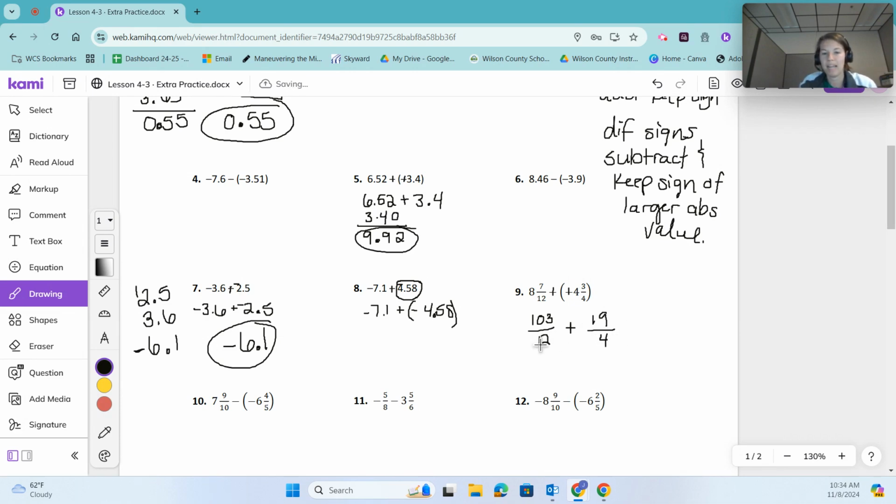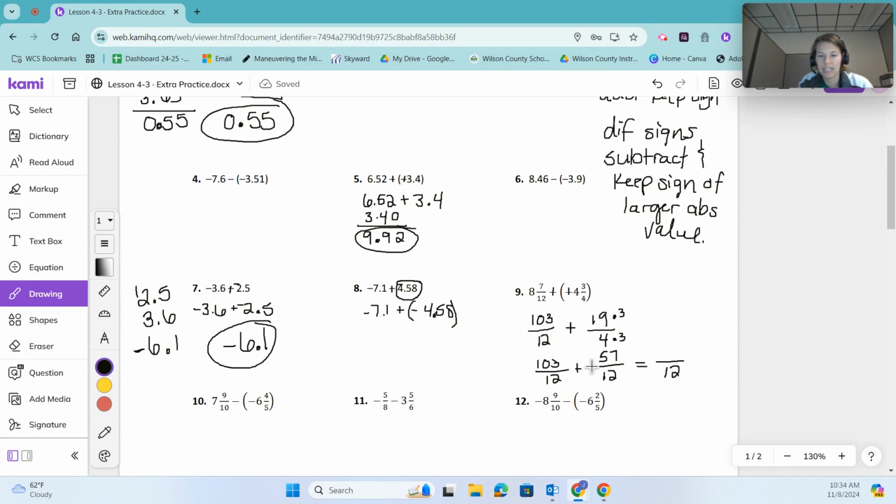My common denominator is going to be 12 here. So 103 over 12 remains the same. And then I have to multiply 4 times 3 to get 12 as my denominator, which means I'm going to do the same thing to the top. And 19 times 3 is going to be 57. And I add them.